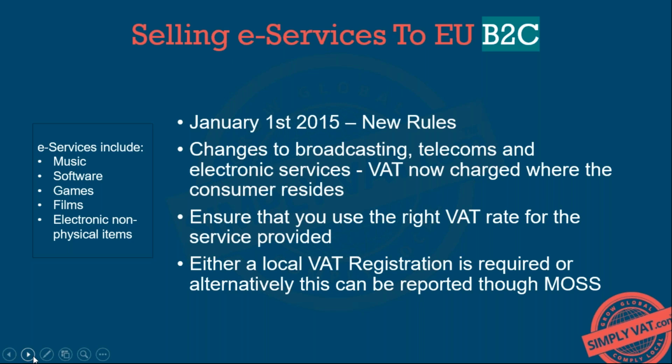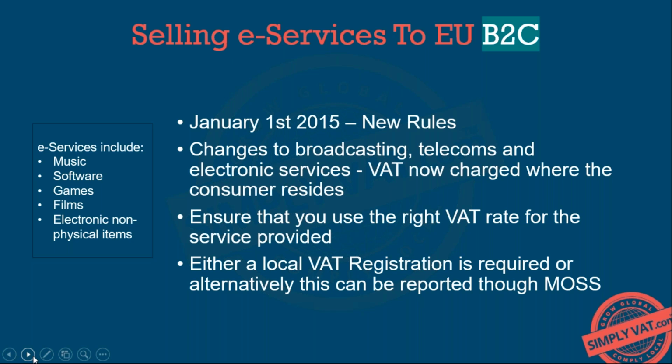So you as the supplier need to collate all the relevant information on where your customer is, as well as know which VAT rate applies to your particular service. This information needs to be given to the relevant tax authorities, and any VAT owed will need to be paid over. So there are two ways of doing this. You can register for local VAT where your customers are, or through MOSS, which is the mini one-stop shop.